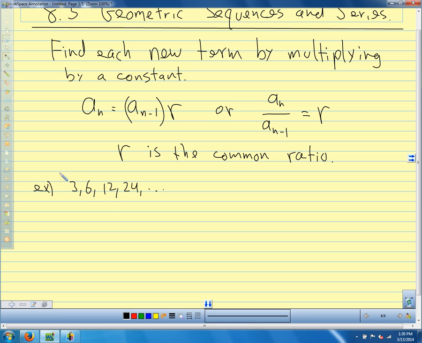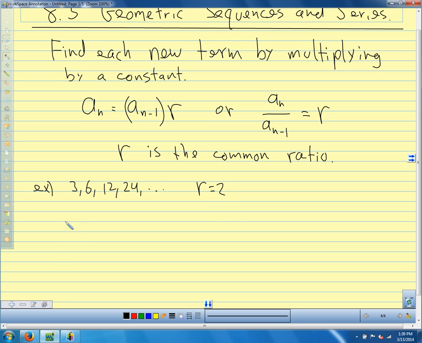When we don't know for sure what kind of sequence we have, if it looks like it could be arithmetic, that would be our first try. Second try, geometric, because arithmetic and geometric sequences and series have nice properties that we like to use. So what would be our common ratio here? r equals 2. That one's easy.